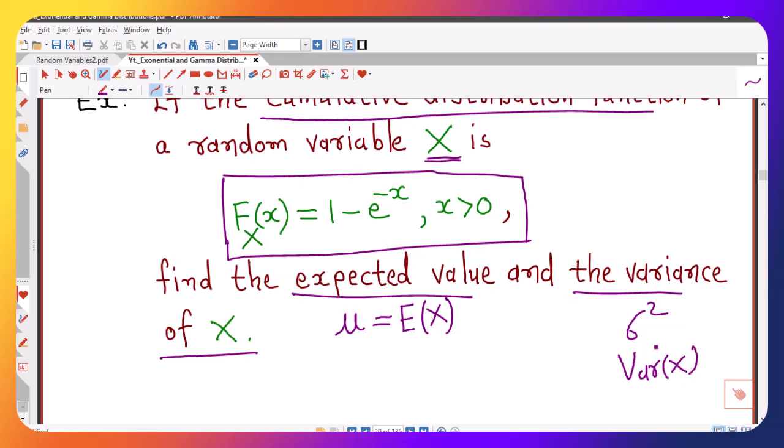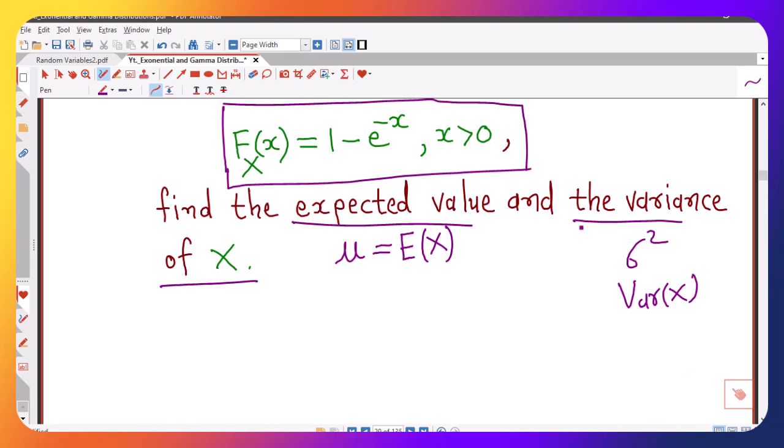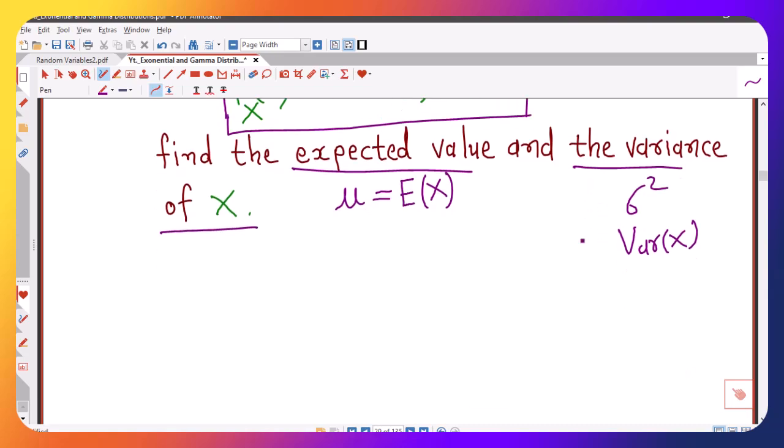We know that if we want to find out expected value and variance of a random variable X, then we have these formulas. Expected value of X is given by the integral of x times f(x) dx with respect to x, from minus infinity to infinity. And for variance of X we have this shortcut formula also.